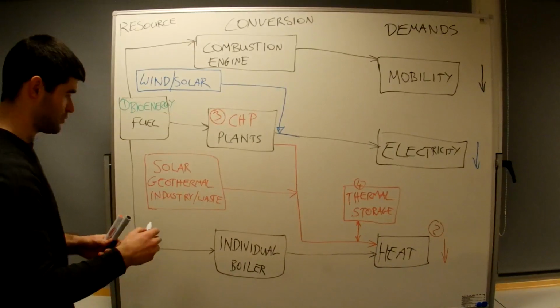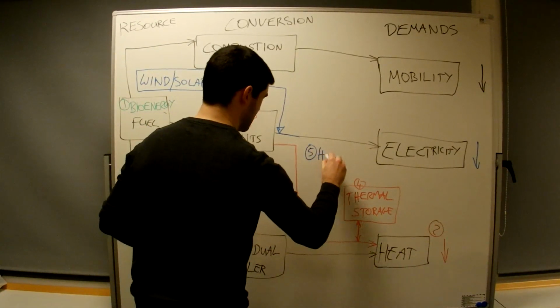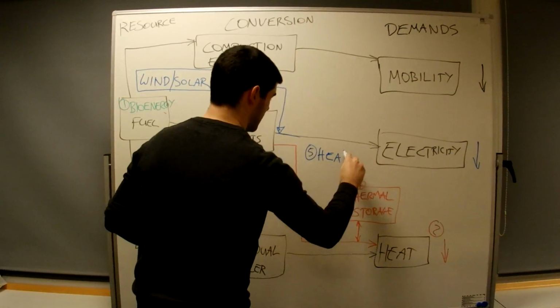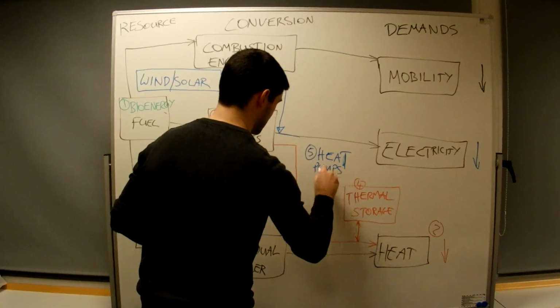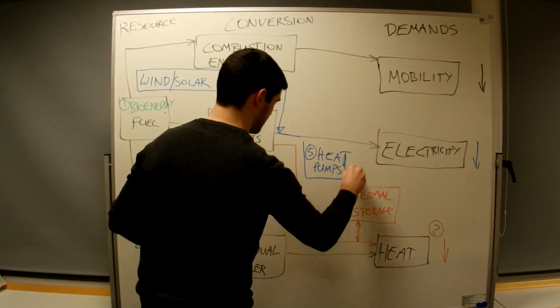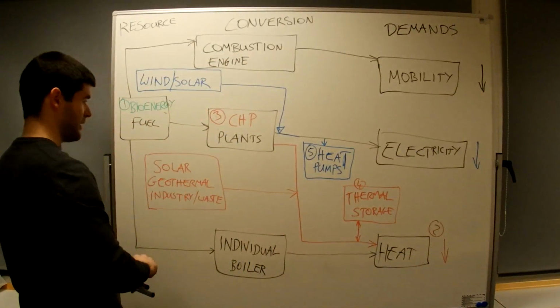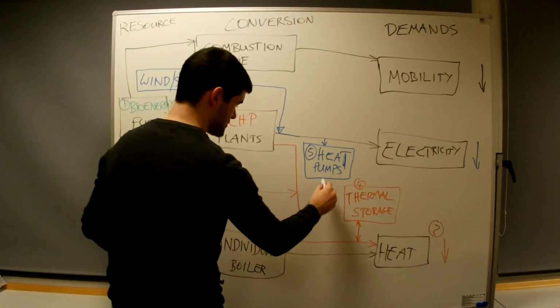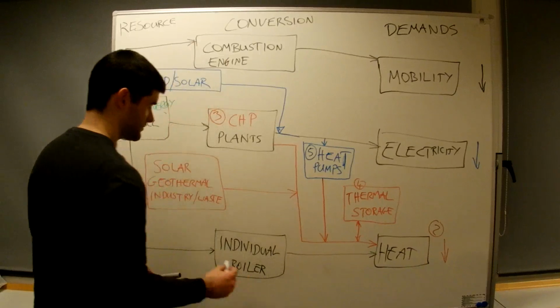So the next step that we would recommend is that number 5, you introduce heat pumps. And heat pumps are an extremely efficient way of converting electricity into heat. So they consume some electricity, and for every 1 unit of electricity that the heat pump consumes, it usually produces about 3 units of heat.